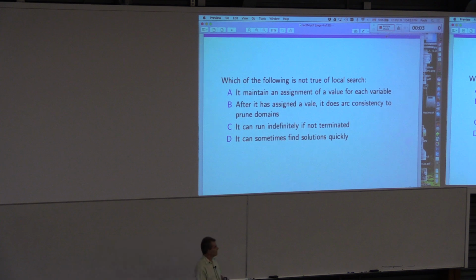So we started last time with local search. So here's a question we should know from last time. Which of the following is not true of local search? A, it maintains an assignment of value to each variable. B, after it is assigned a value, it does arc consistency to prune domains. C, it can run indefinitely if not terminated. Or D, it can sometimes find solutions quickly.